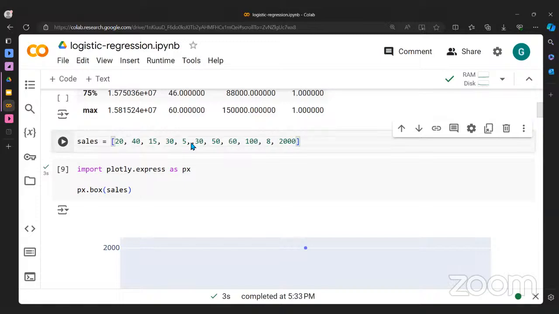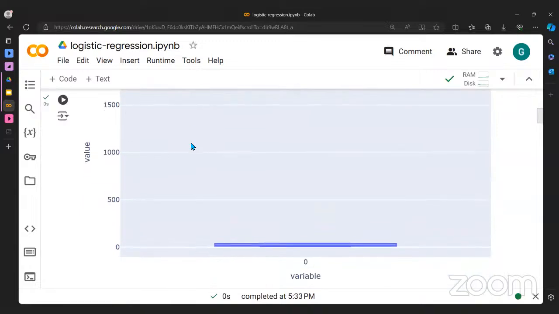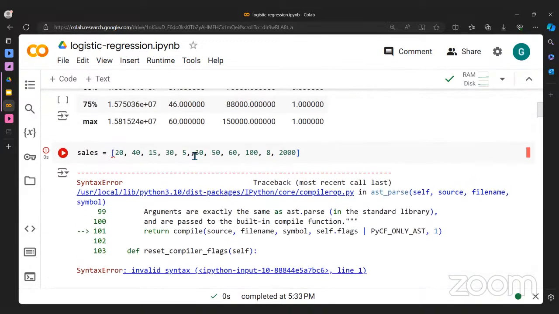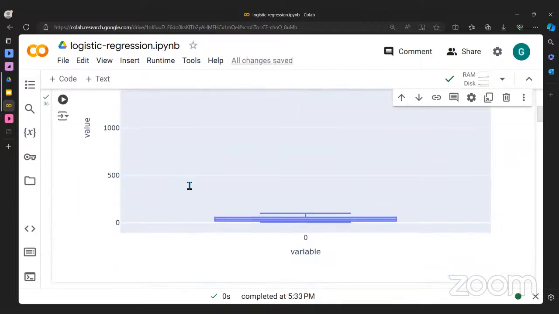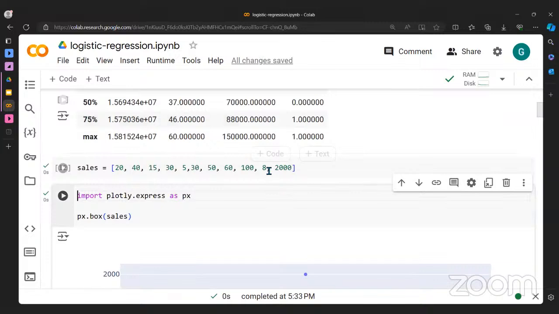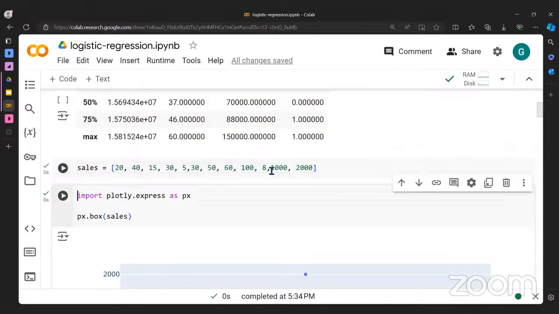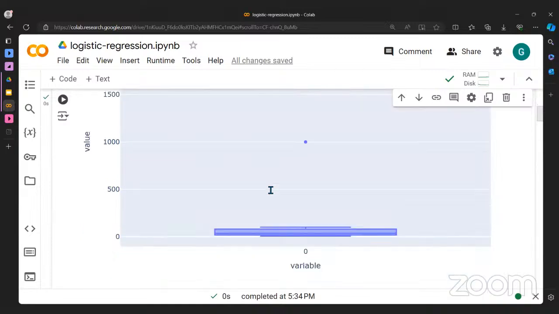I just added more data, but that did not work. Okay, I think I just need to add a value like 1000 for the box to come up. All right.